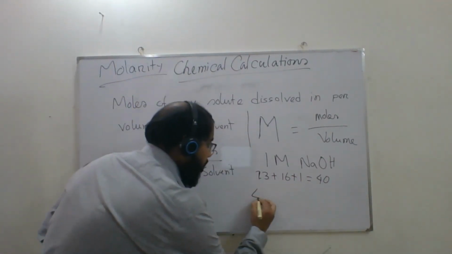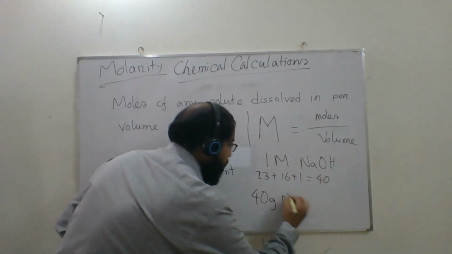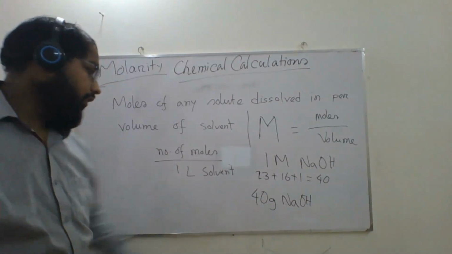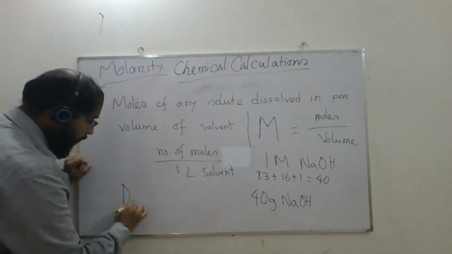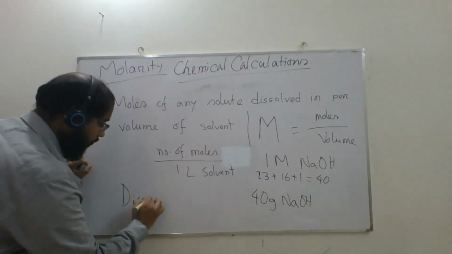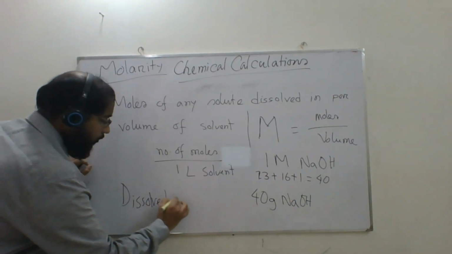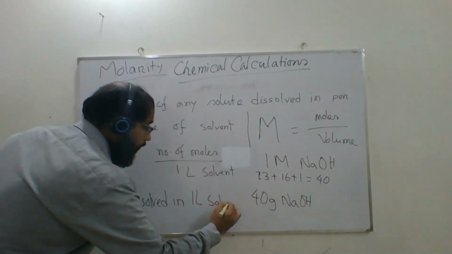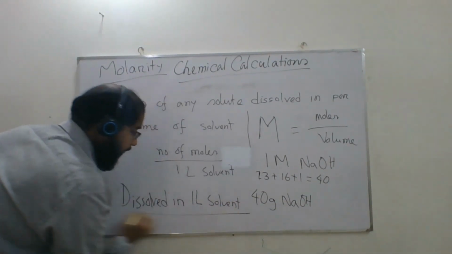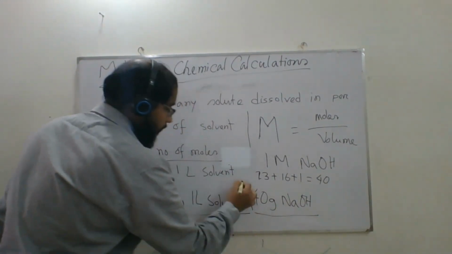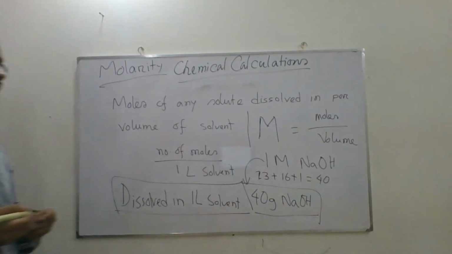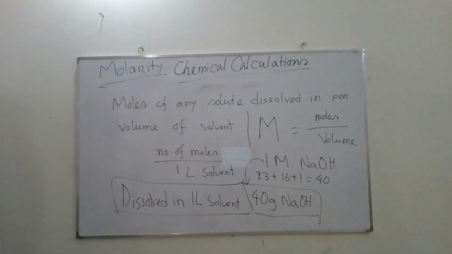So if 40 gram sodium hydroxide is dissolved in 1 liter solvent or 1 liter water, then we can say it makes 1 molar sodium hydroxide.